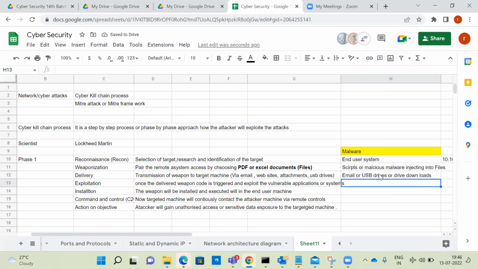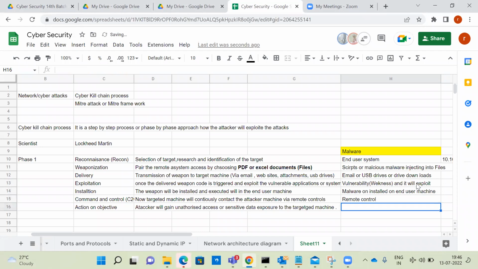Exploitation: here the malware will identify the vulnerability, nothing but a weakness in the system, and it will exploit it. After that, install: the malware will install on the end user machine. Finally, command and control will be taken care of by remote control.